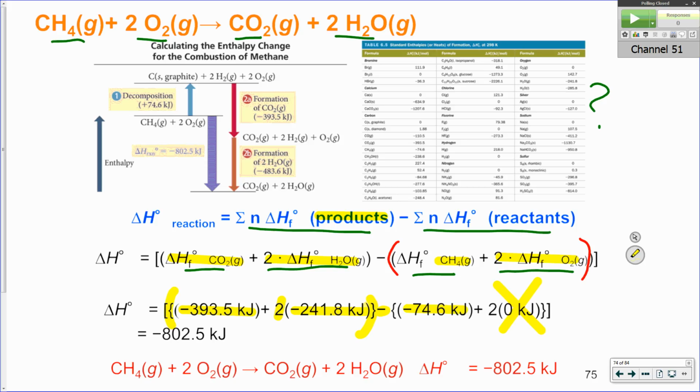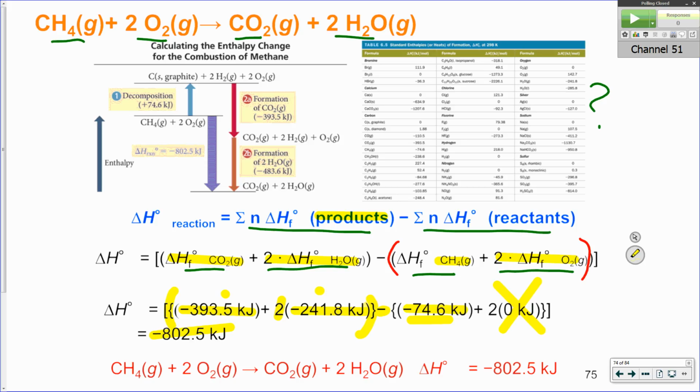So now when I do the math, just take this, multiply it by 2, add those together, and subtract this number from it. I get exactly the same number, the negative 802.5. So essentially what this is doing is what you're saying, taking the values from the table and adding them together. Hess's law, which one's easier?